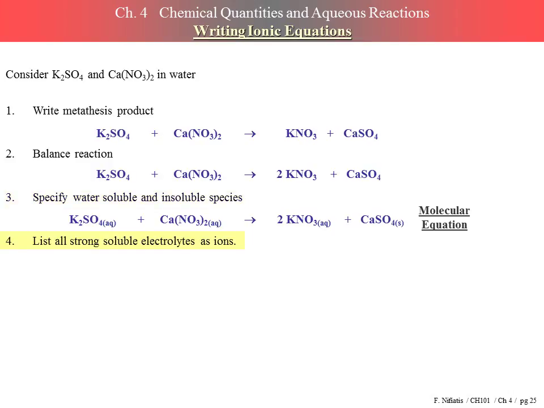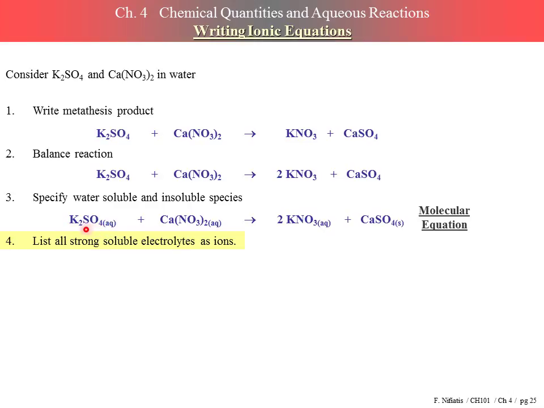Next, what we are going to do, we are going to list all the ions that we have. What does it mean? This one here is water soluble, so when we have it in water, it doesn't exist in this format. It exists as potassium and as sulfate.